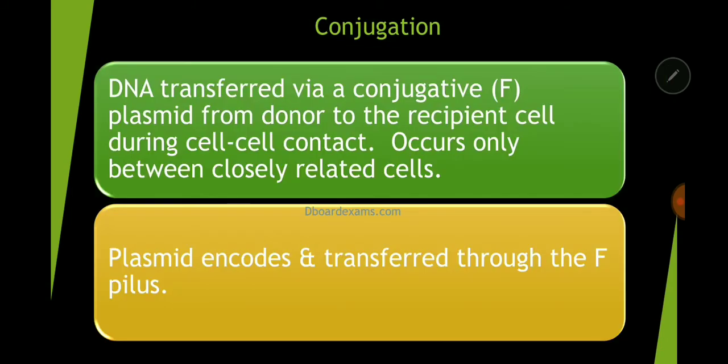How about conjugation? Conjugation, also known as bacterial sex. Conjugation is the transfer of DNA via a conjugative F plasmid. Plasmids are circular DNAs. It's extra DNA of the bacteria. And this plasmid is transferred from the donor to the recipient.